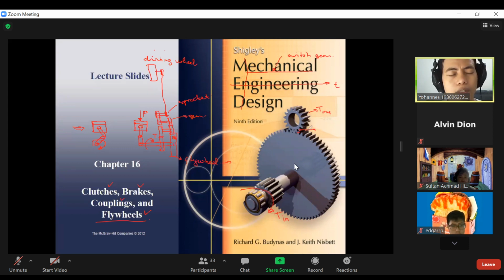So any impact load can shorten the life cycle of this gear. As we learn in the fatigue failure theory, the type of loading will have a correction factor in the calculation. So for impact loading, it can increase the actual working stress, which means that it will reduce the strength of the material. Okay, so that's why engineers try to modify this gearbox by using a clutch, so that it will allow the driver to stop the input torque for a moment during switching the gear.